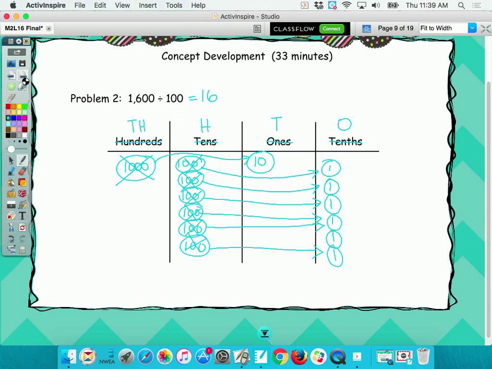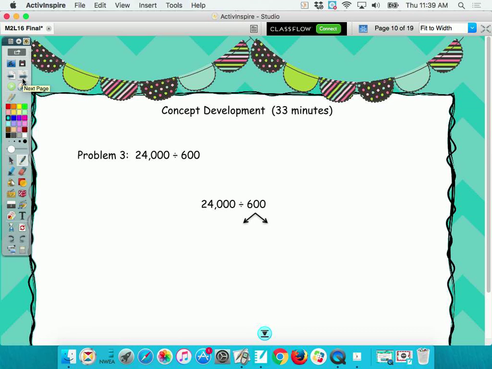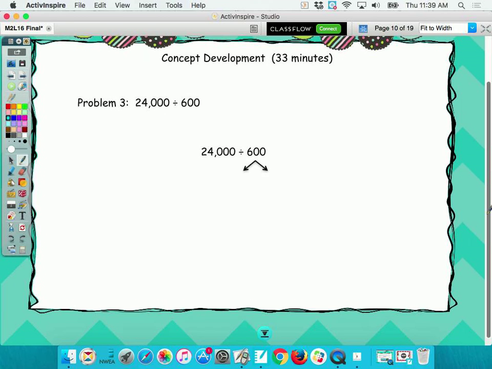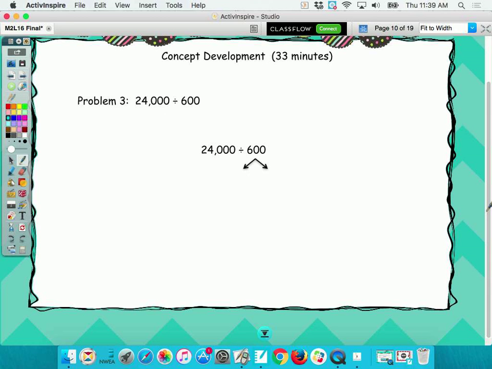Okay? Take a look at the next problem. It's a little bit different. So how is this problem a little bit different, Robert? And don't say the numbers are larger, because it's more than that. What am I dividing by? How's that different from 100? It has something other than a 1, right?